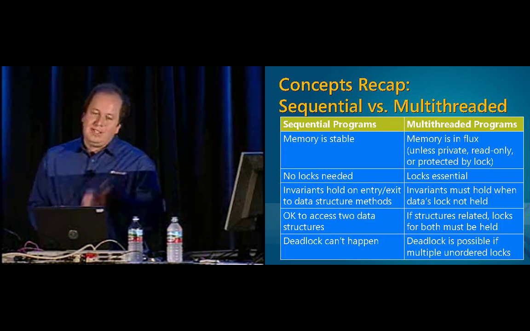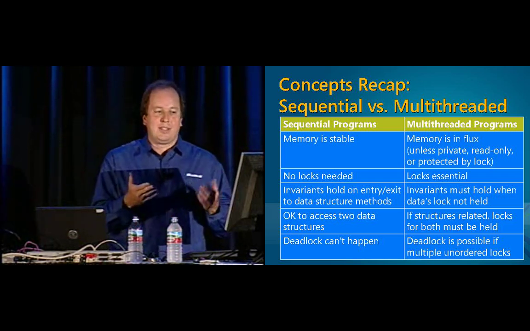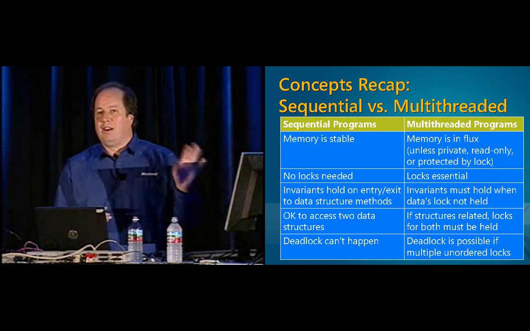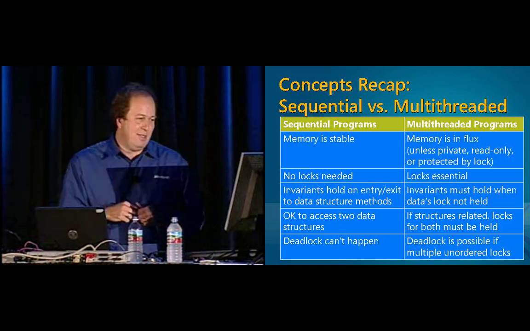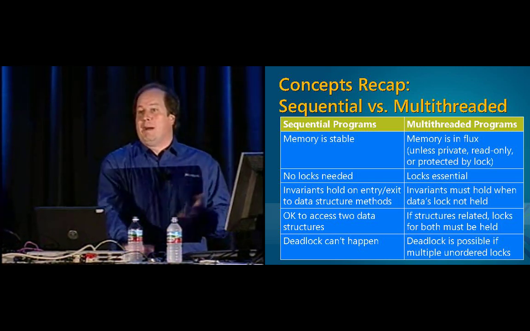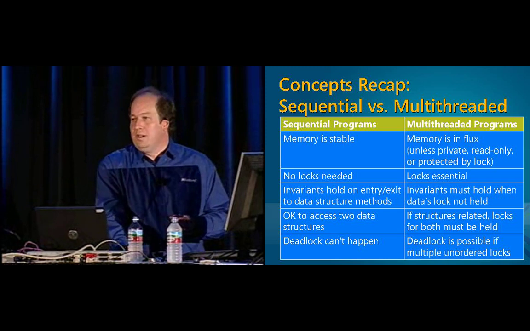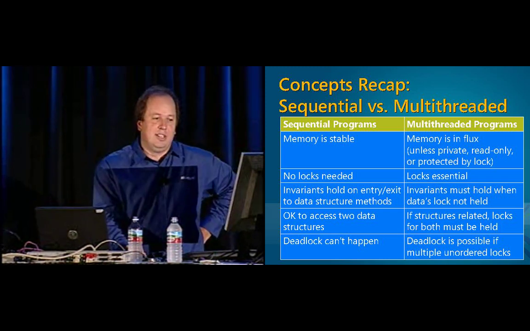So to summarize these concepts, here's how sequential and multi-threaded programs contrast. This table is taken from a great article by Vance Morrison a few months ago in MSDN. There's a reference to it at the end of the paper. In a multi-threaded program, as we've said, the memory is constantly changing out from under you to the extent that you're not looking at it under serialization of a lock.